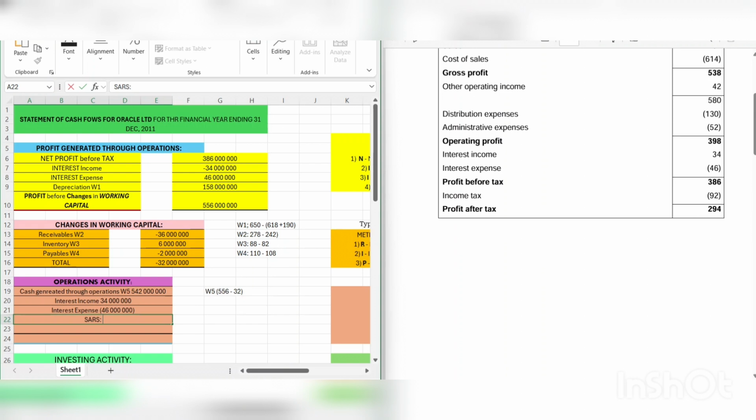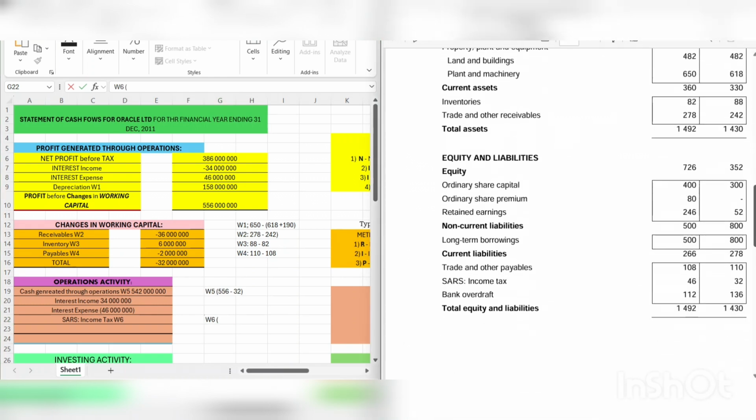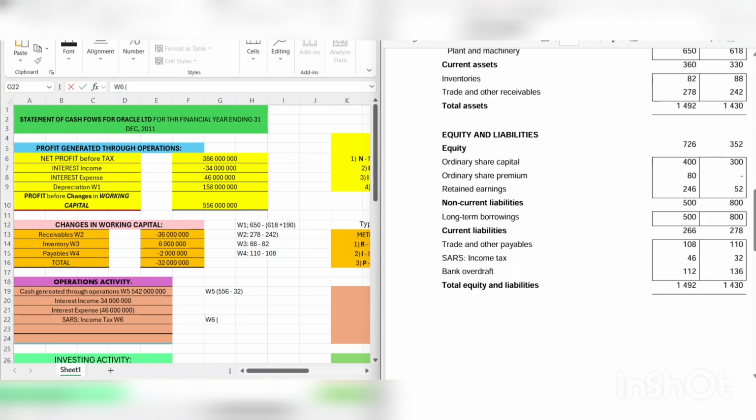The next part will be calculating our SARS income tax. Okay, so the first thing is you're going to have to look to see where it speaks about income tax and SARS.